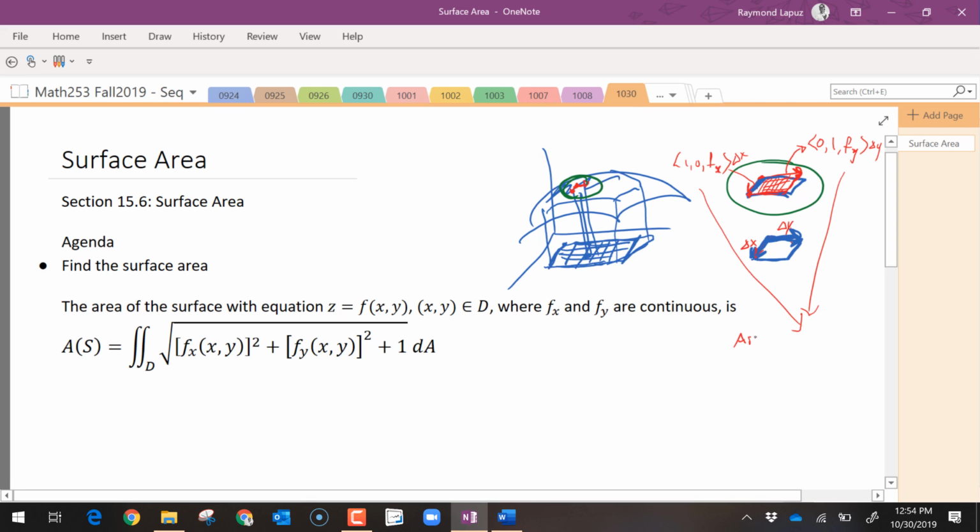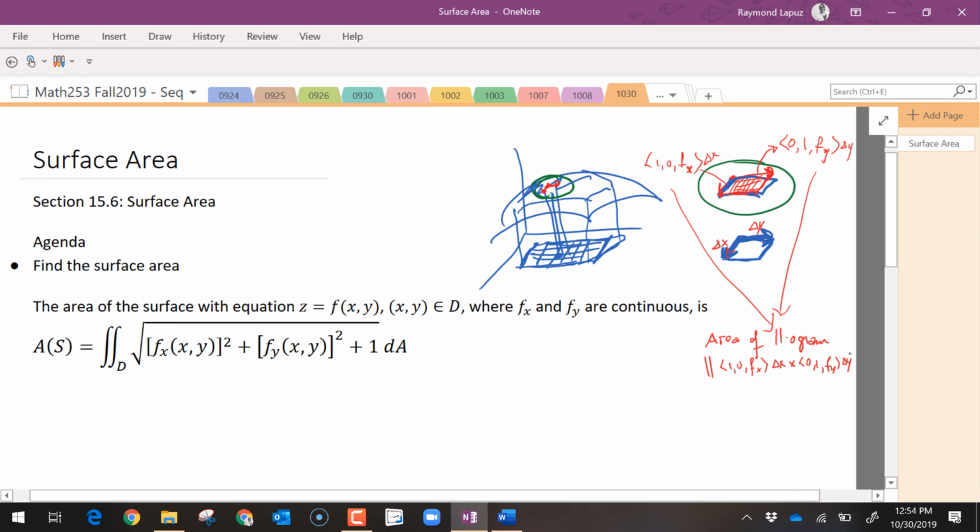Okay, so the area of the parallelogram is equal to the magnitude of the cross product. Ran out of room there.